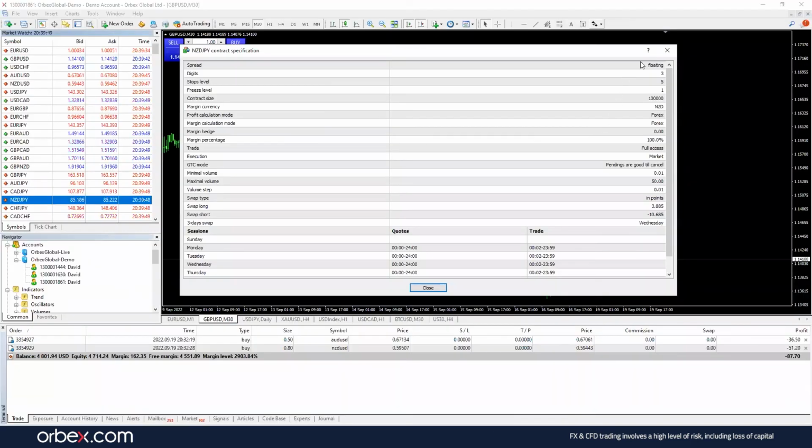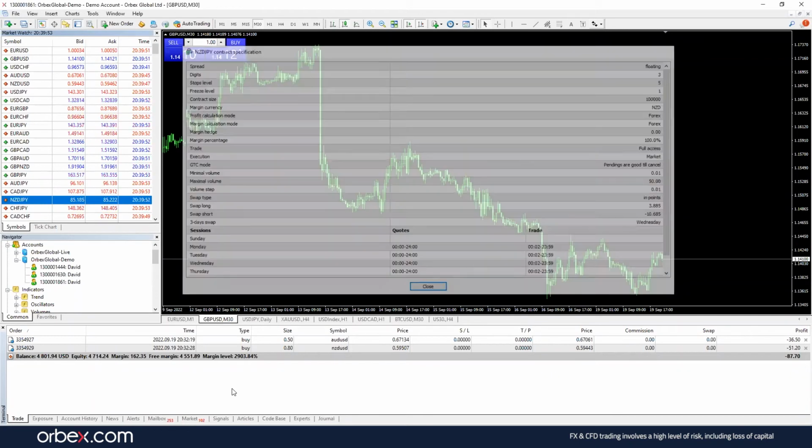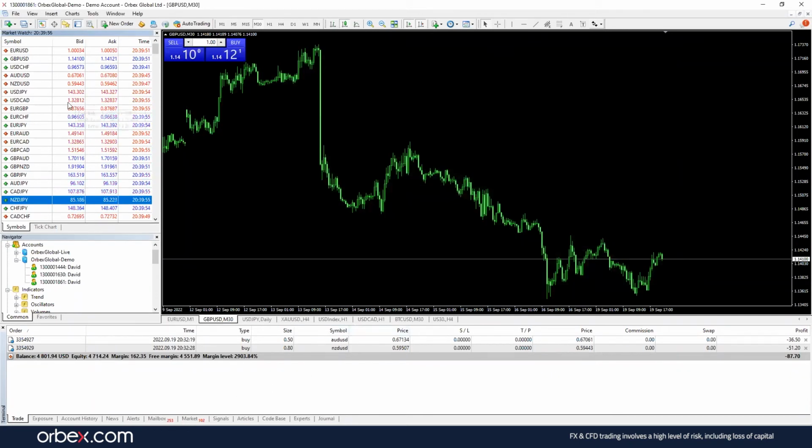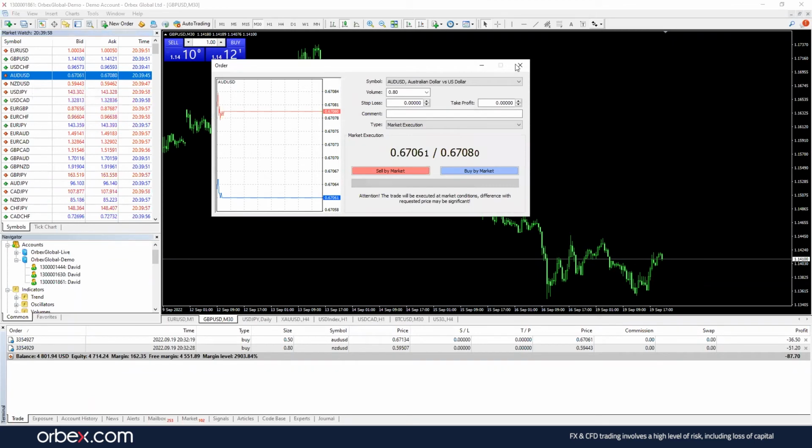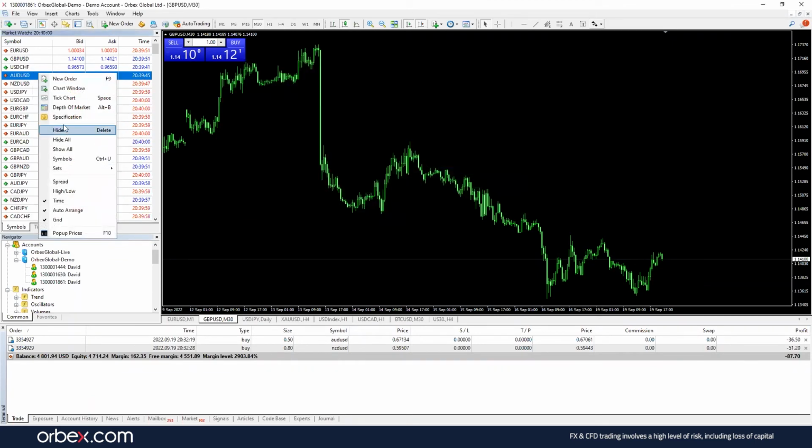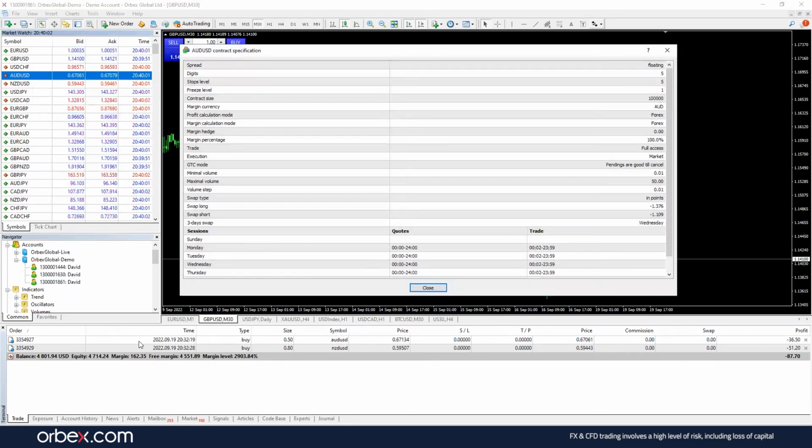So let's go through another example. I've got Australian dollar against American dollar here. Let's go to the specifications. I've actually got a buy position here. The buy position, swap long, is 1.376. Again, because it's in points, we move this decimal point to the left.